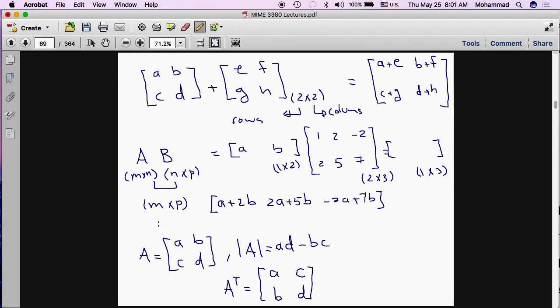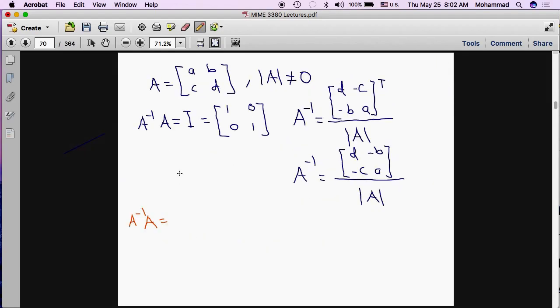If you remember, we said a matrix A that is M by N, with number of rows M and number of columns N, can be multiplied by a matrix B where the number of rows is N. So the number of columns of the first matrix and the number of rows of the second should match, and the dimension of the resulting matrix is defined by the number of rows of the first matrix and the number of columns of the second matrix. So M by P. So having said that, what would be the dimension of the resulting matrix here?